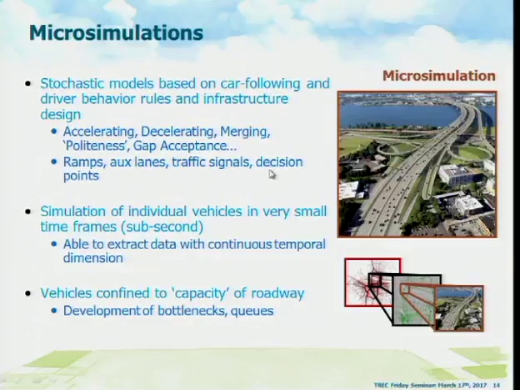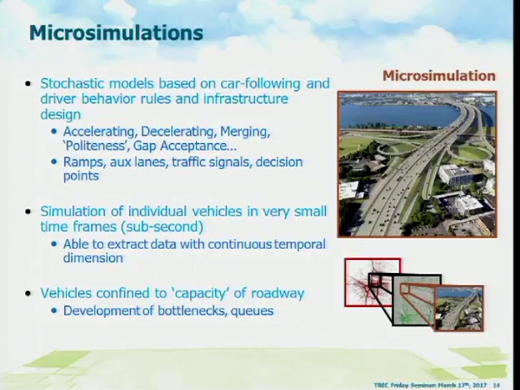So that was one end of the spectrum for assignment models. On the other end, we have microsimulations. Microsimulations are stochastic models, meaning that they have an element of randomness to them. And they're based on car following and driver behavior rules and infrastructure design. So they keep track of individual vehicles, and they have acceleration and deceleration associated with those vehicles.